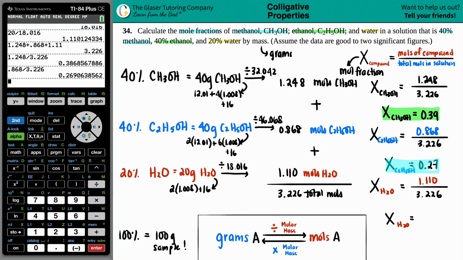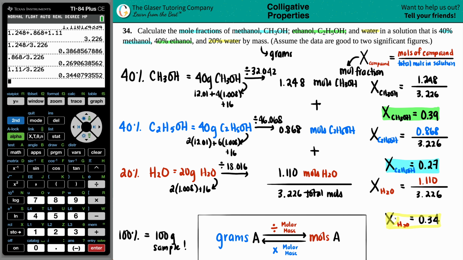And if we just multiply these by 100 in our head, we can kind of see the percentage as to how much these are in the total solution. And then let's do the last one, 1.11 divided by the total moles. And we get roughly 0.34. Let's box that off. There's your 3 answers.